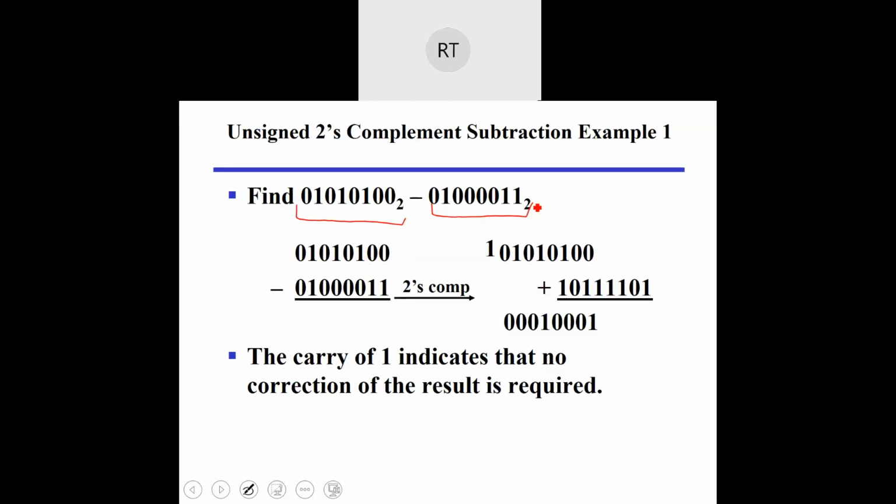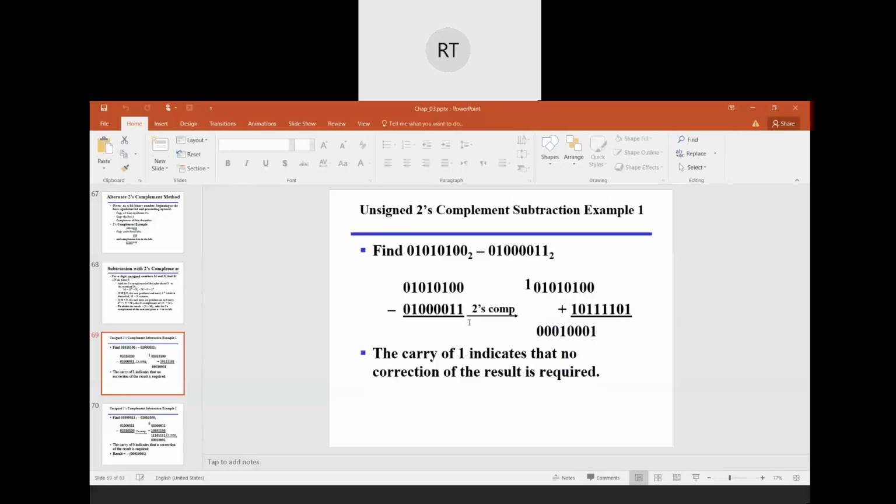When you are subtracting them, it means you will have to do the 2's complement of the second number, as if you are doing A minus B. It's going to be A plus minus B. Clear? So you have to do the 2's complement of the second number. How do you find the 2's complement of the second number? You will have to complement it.